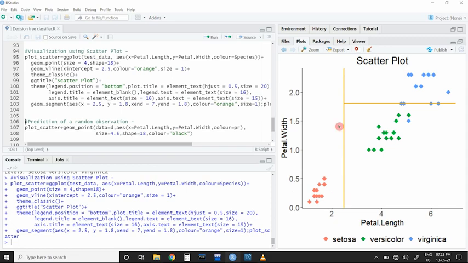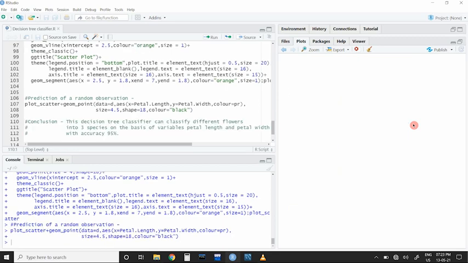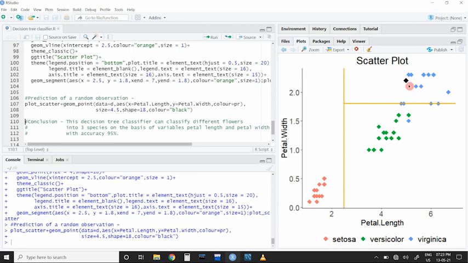The orange lines represent the splits in the decision tree and clearly divide the graph into 3 regions for 3 different species of flowers. The scatter plot also shows the only misclassification in testing data. The random observation is shown by the black dot here and it belongs to the Virginica region of the plot.